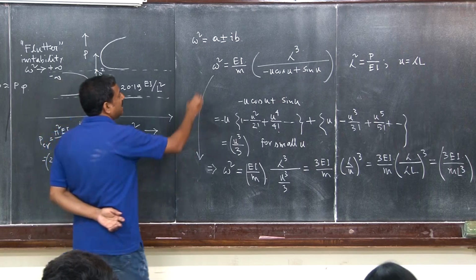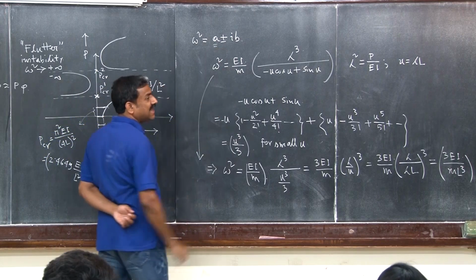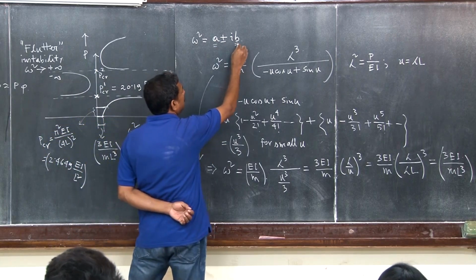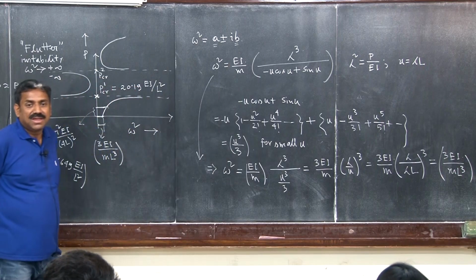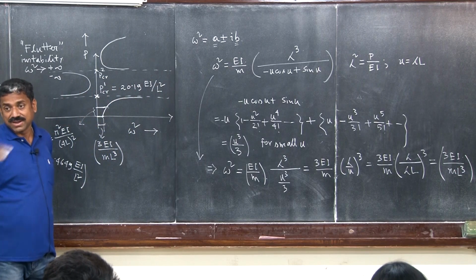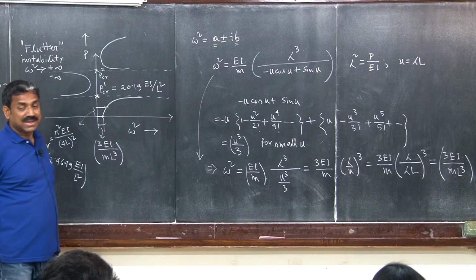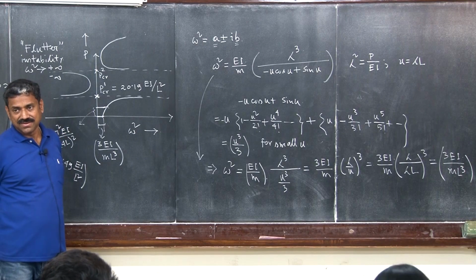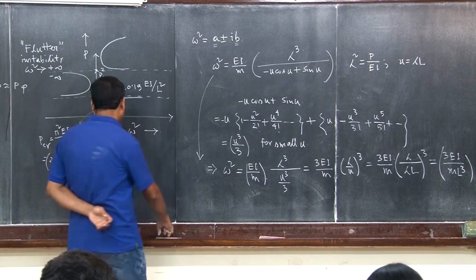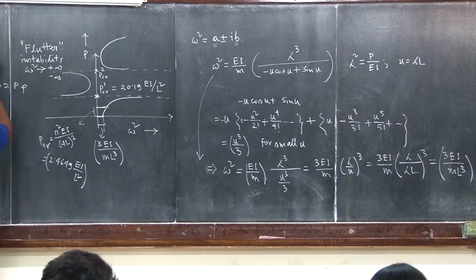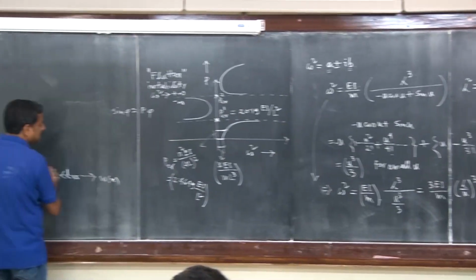So you can see that the real part basically represents damping, while the imaginary part represents the frequency at which it will vibrate. We will come there later. Fine? So now you understand why we need to study dynamic instability.